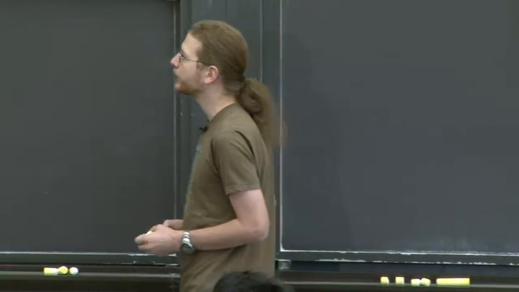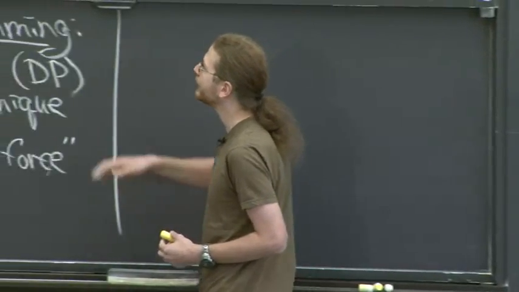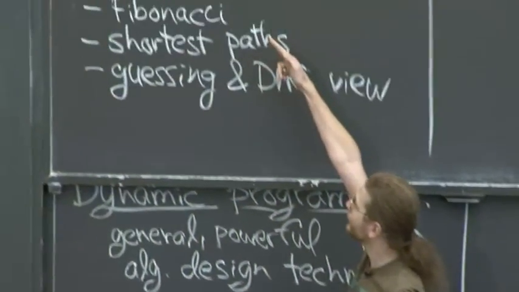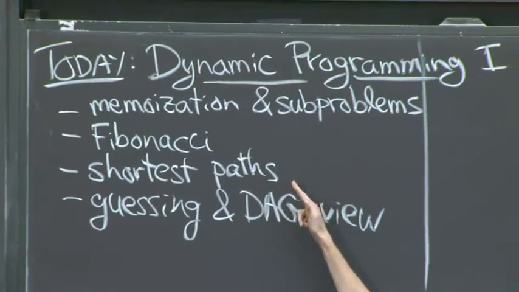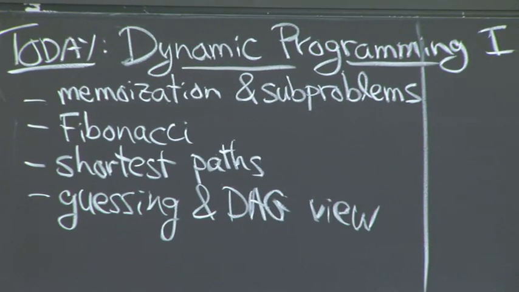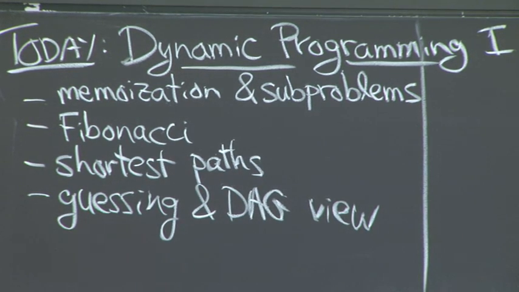We'll look at a few today. We're going to warm up today with some fairly easy problems that we already know how to solve, namely computing Fibonacci numbers, which is pretty easy, and computing shortest paths. And then in the next 3 lectures, we're going to get to more interesting examples where it's pretty surprising that you can even solve the problem in polynomial time.